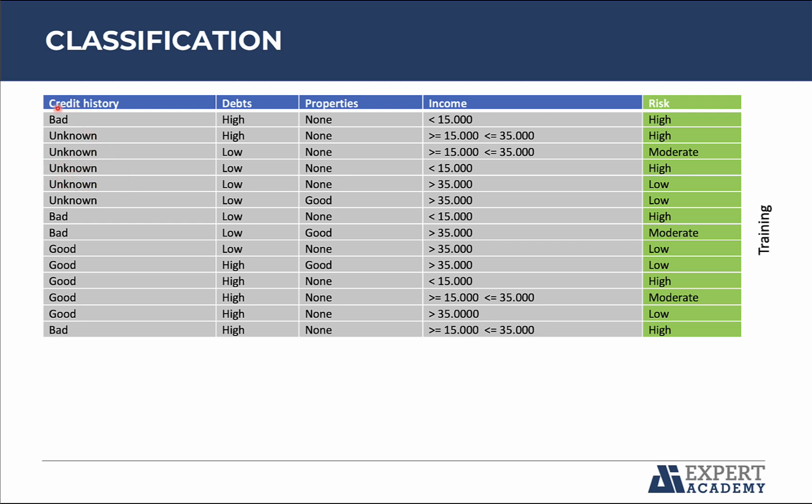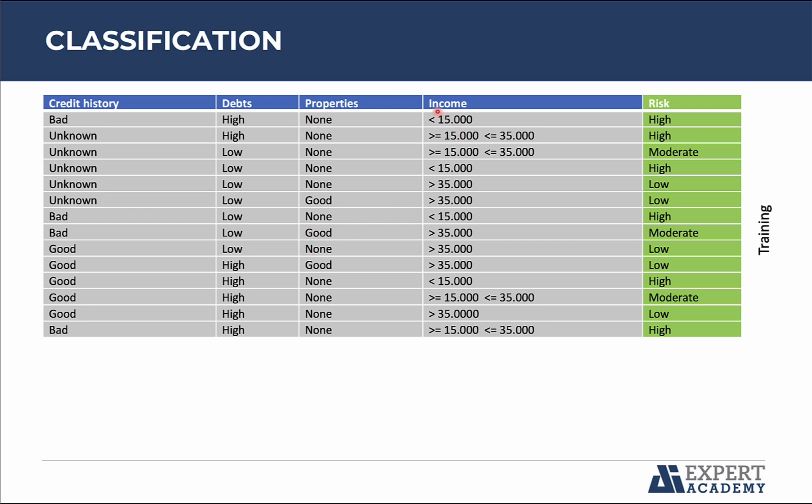The first column is the credit history, and it can be bad, unknown, and good. Debts, high or low. Properties, if the customer has a car, houses, or other type of equipment that can be used to guarantee a possible loan, and the possible values are none and good.